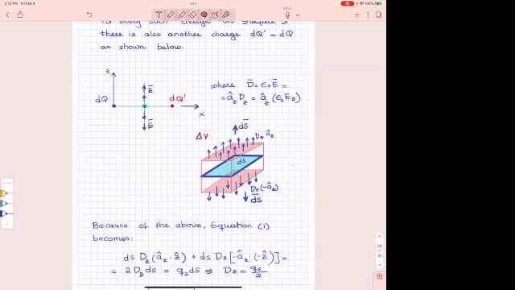But on the sides, the direction of the surface here is this, and the direction of the surface here is this. And the fields on the sides, which are along this direction, are perpendicular to the surface.